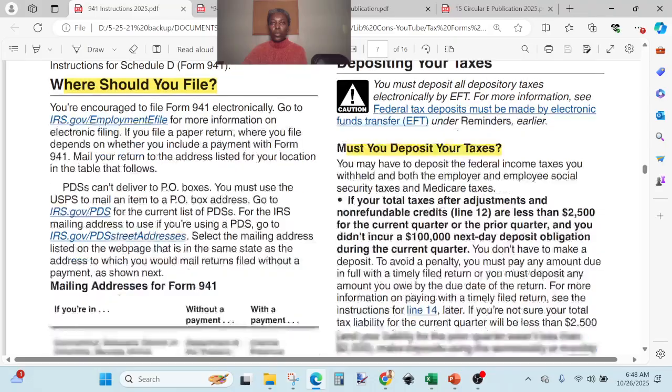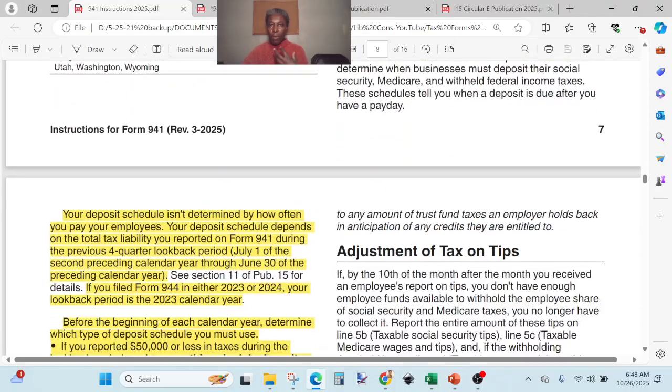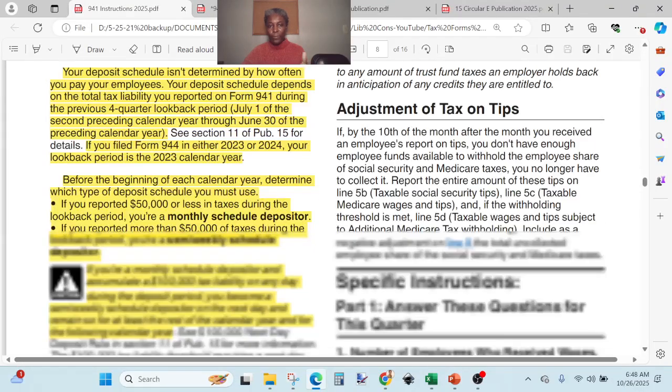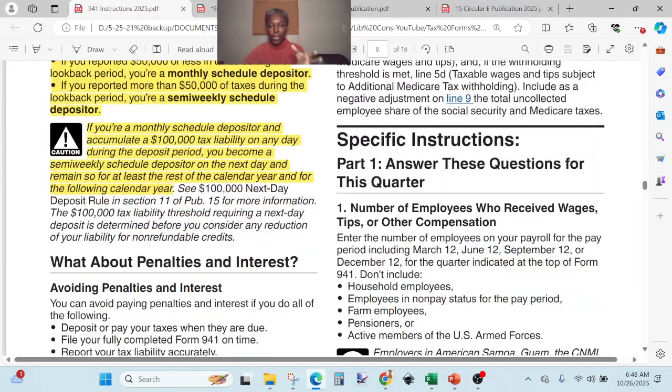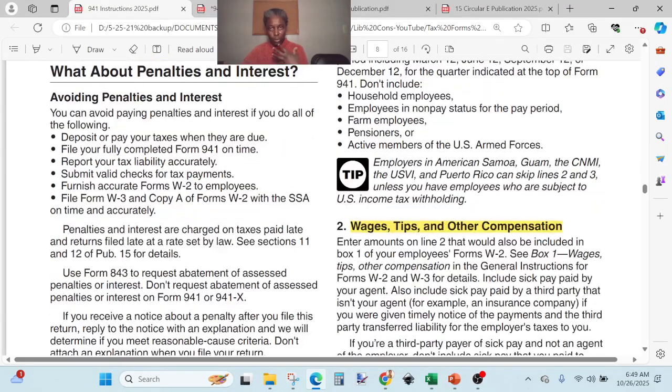You are supposed to mail those, and I recommend you mail it via USPS with a tracking number. I think it's like a green tag or something like that they will give you. It's a little bit pricier, but you mail it to have that tracking number that you can look up online later if you want to see if the return was actually deposited by IRS, by the post office.